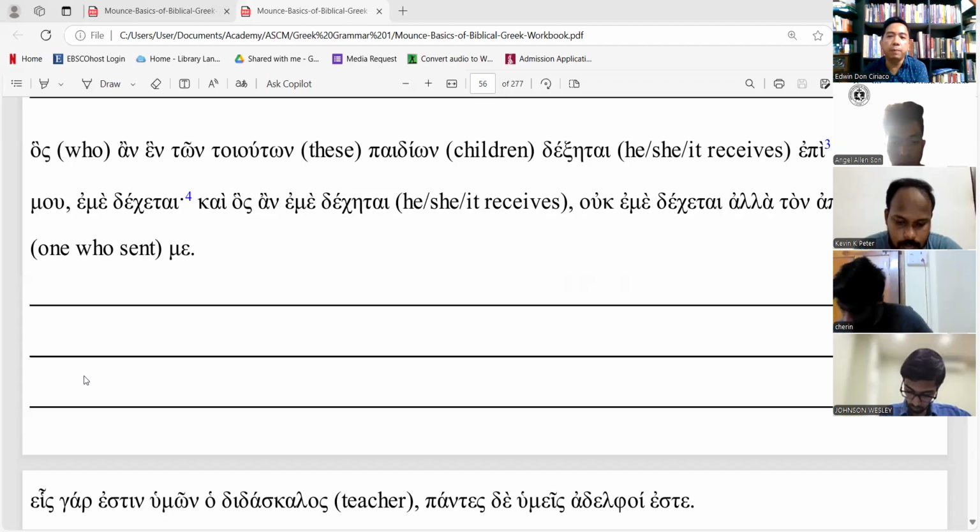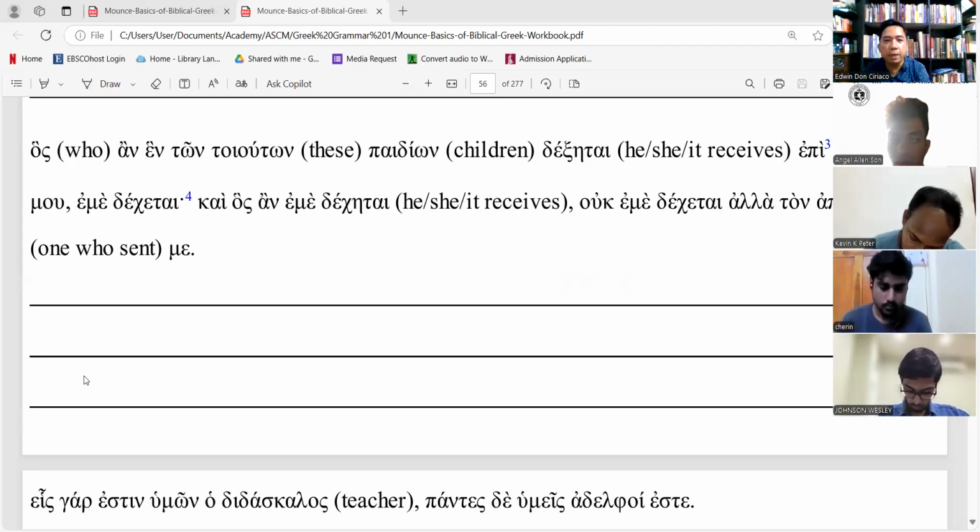The ok eme deketai does not receive me, practically does not receive me only, but the one who sent me. And we know that is referring to the Father. Okay? And so, I'll say that again. Whoever receives these little children in my name receives me. Okay? But again, literally, he or she receives me.